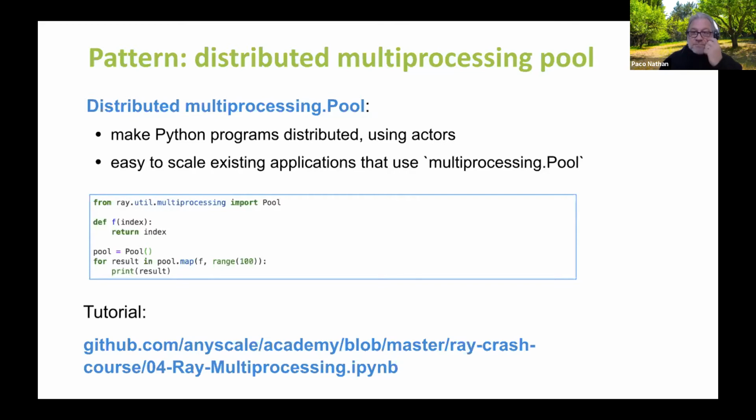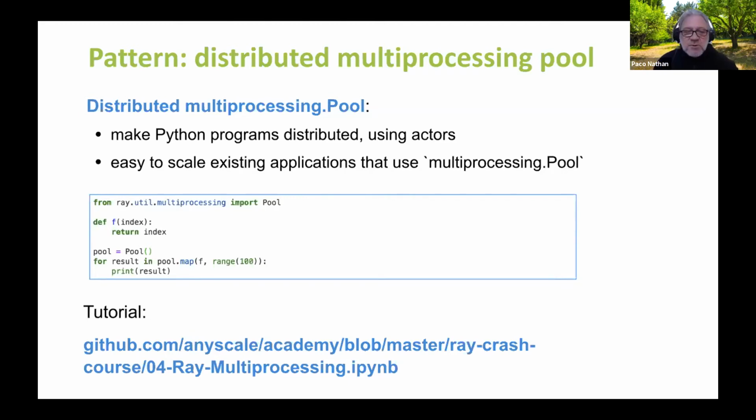So it's out there. And what Ray provides is a distributed multiprocessing Pool. So using actors, they've rewritten a different version of this object. And using Ray, now you can distribute it and get much better throughput. But it's a drop-in replacement. It looks exactly like the API for the one that's in Python proper. So to use this, it's very simple.